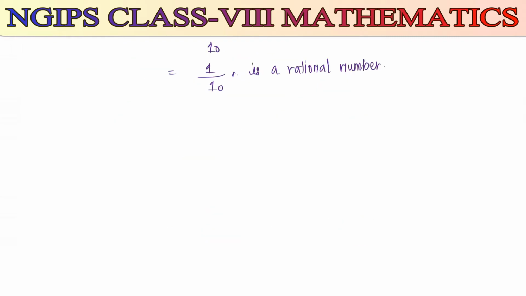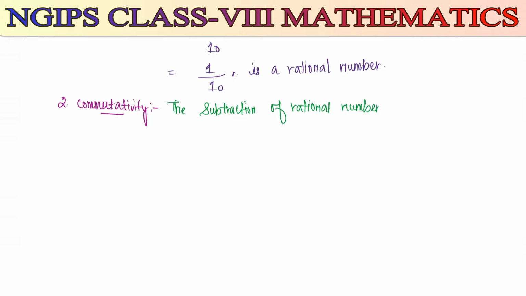Now next we are going to discuss commutativity. In the commutative property, the subtraction of rational numbers is not commutative.